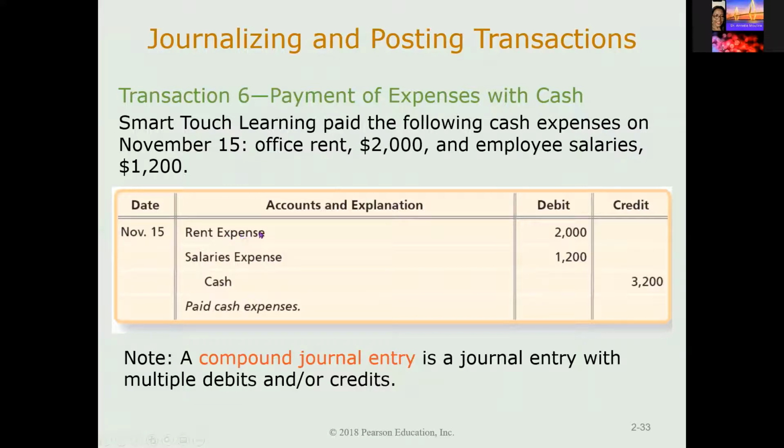Rent expense is an equity, and so is salary expense. So your cash will decrease by $3,200 with a credit. And the 2 expense accounts, they are increased with a debit.